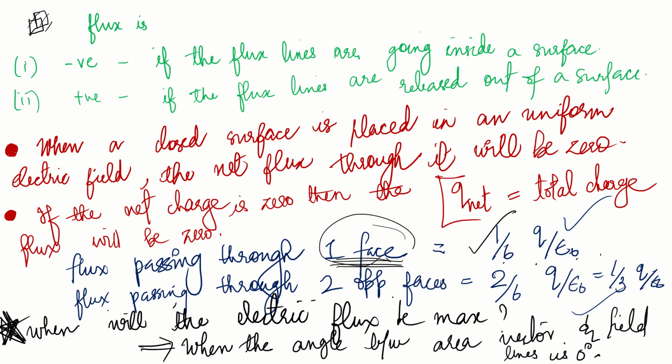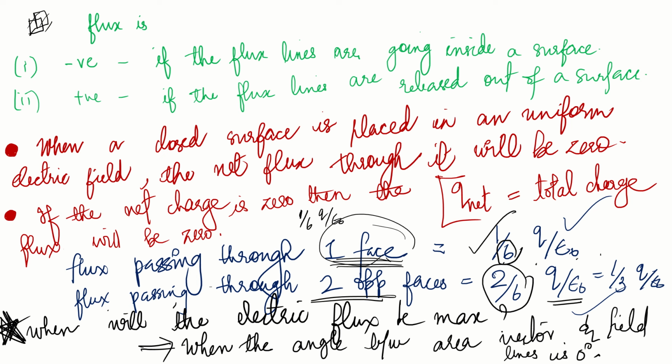Flux passing through two opposite faces, 2 by 6 q by epsilon naught. 6 came because there are 6 faces for a cube. So one face we have to find, so 1 out of the 6, 1 by 6 q by epsilon naught. Flux passing through two opposite faces, 2 by 6 q by epsilon naught, which is 1 by 3 q by epsilon naught.